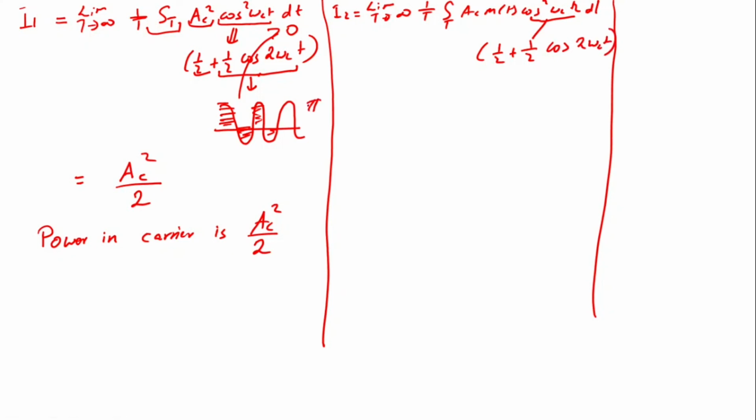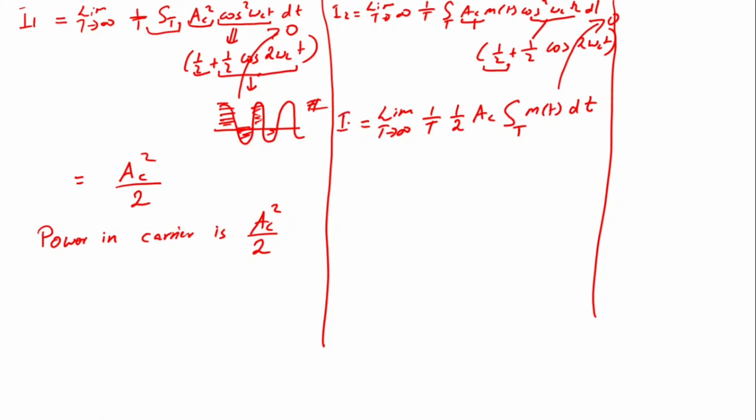From this analogy we can say the cos function would be 0 and we would be left with I2, which is simply the limit as T tends to infinity of 1 by T, this 1 by 2 times Ac, which is a constant, so we can take it out of the integration, and the integration over time period T of m of t dt.